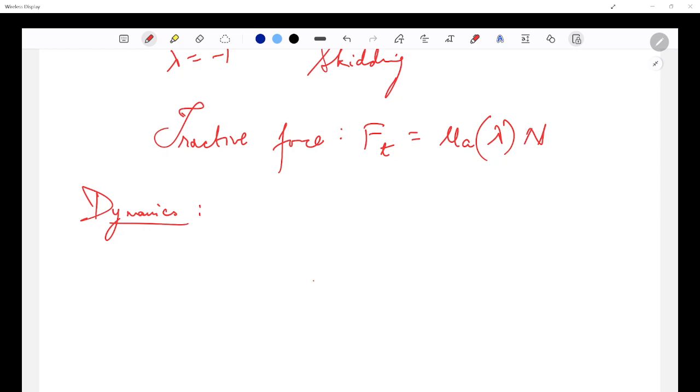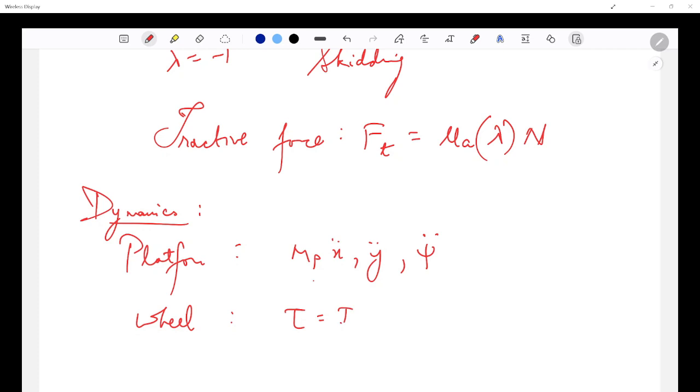So your equations of platform basically involve these terms, right? And for wheel, torque is I theta double dot plus Ft into R. So without modeling the slip, control fails.